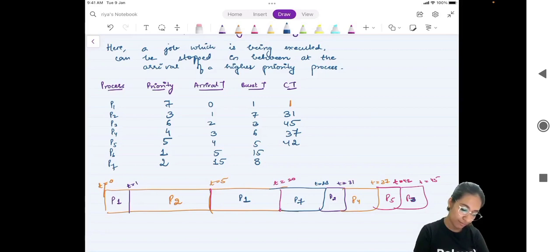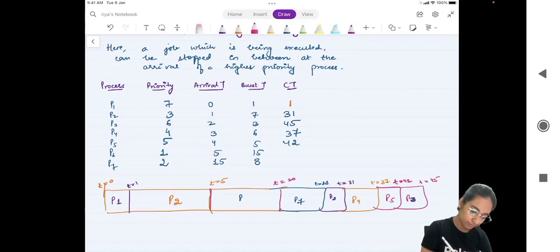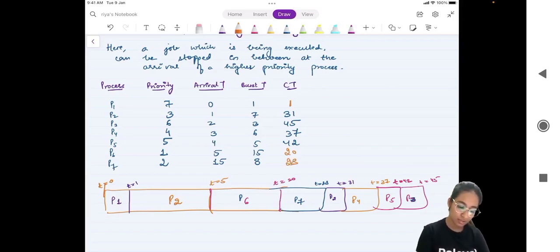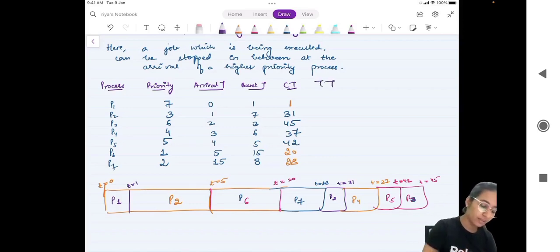The completion time for this is P6, not P1. P6 is 20 and the completion time for P7 is 28. Okay. Using this, we can calculate the turnaround time.